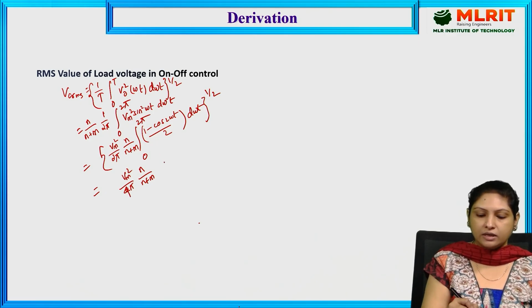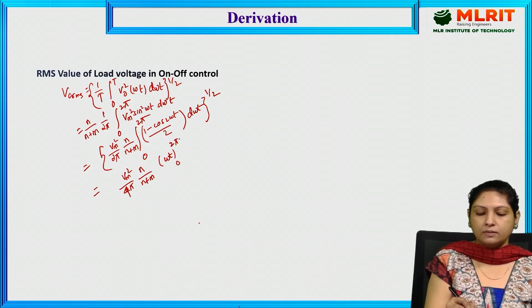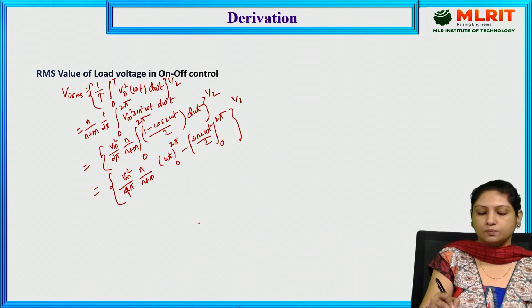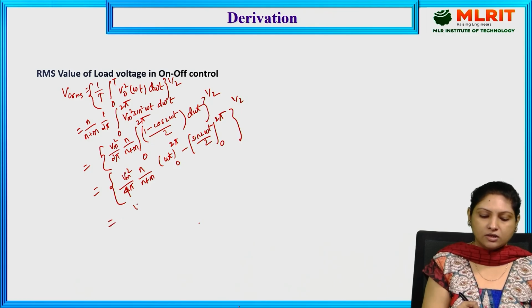Now integrating 1, we get omega T within the limits 0 to 2 pi, minus the integration of cos 2 omega T, which is sine 2 omega T by 2, within the limits 0 to 2 pi, whole to the power of 1 by 2.